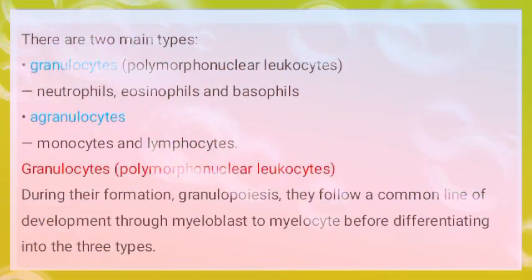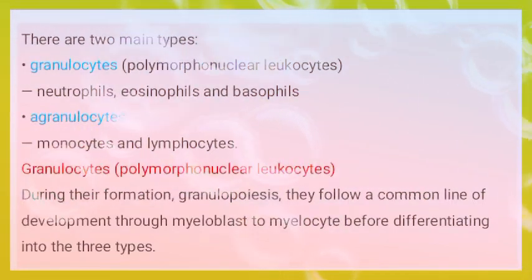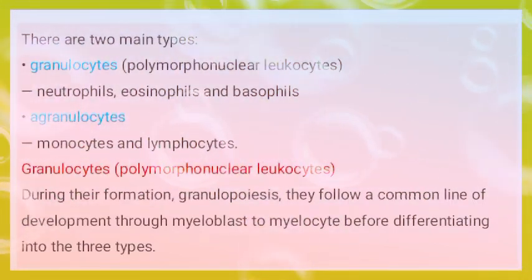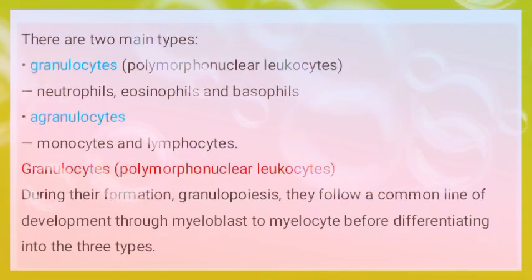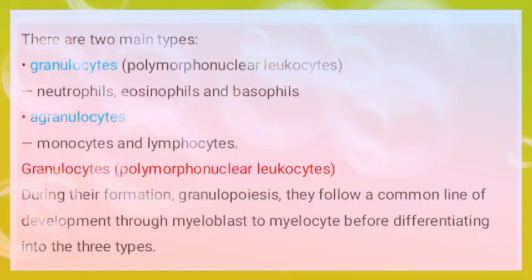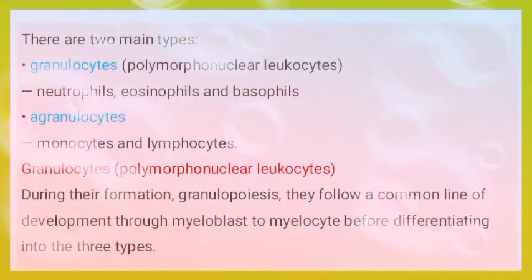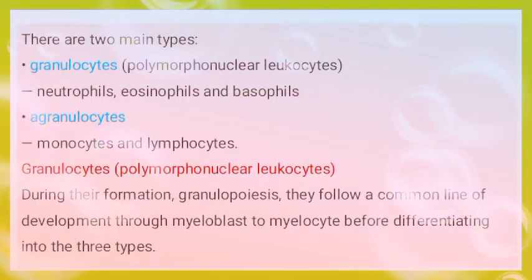So during the formation of these granulocytes by the process called granulopoiesis, they follow a common line of development. The first stage is the myeloblast. From the myeloblast they develop into the myelocytes.